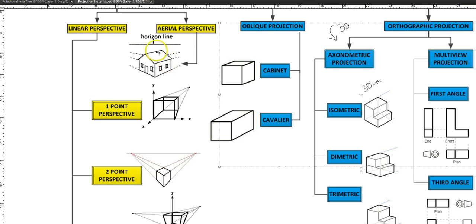So if I were to draw a cube, when I'm using parallel projections, remember, all my lines were running parallel to each other. Like if I'm doing my isometric view, all my lines are running parallel to each other. But if I were to draw the same cube using perspective projection, my lines would merge at one, two, or three different points.